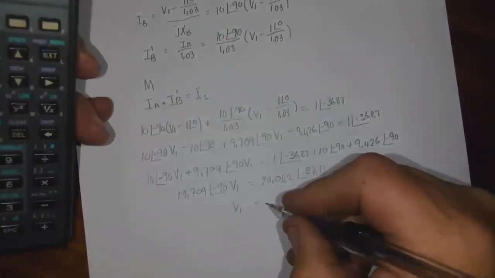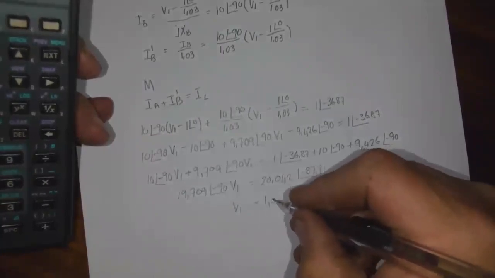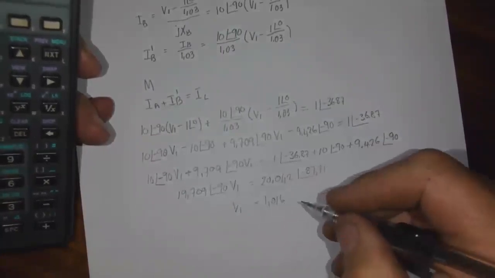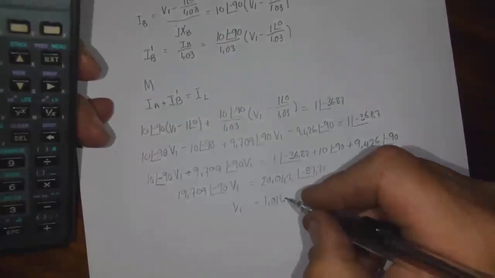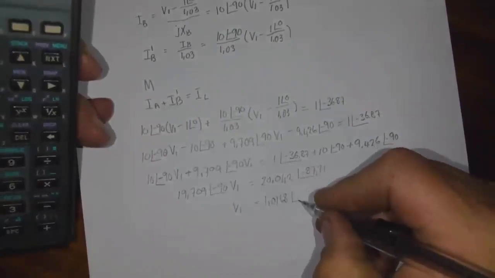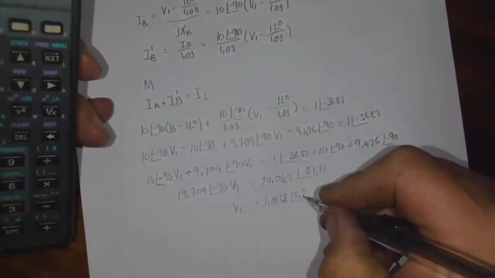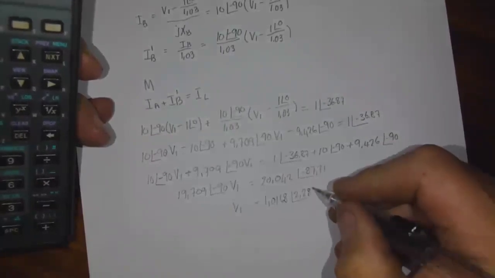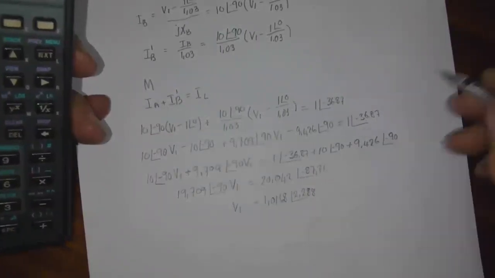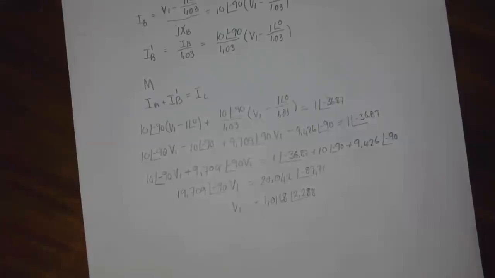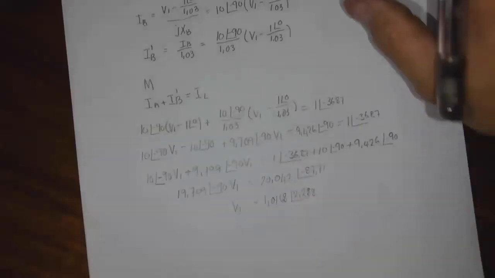Then we get an angle of 1.016768 ∠2.288, about 2.3. So now we can calculate our current again.